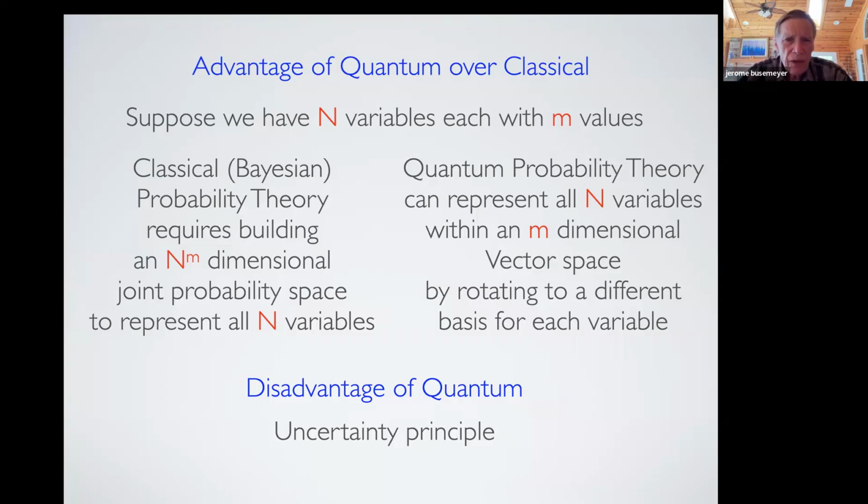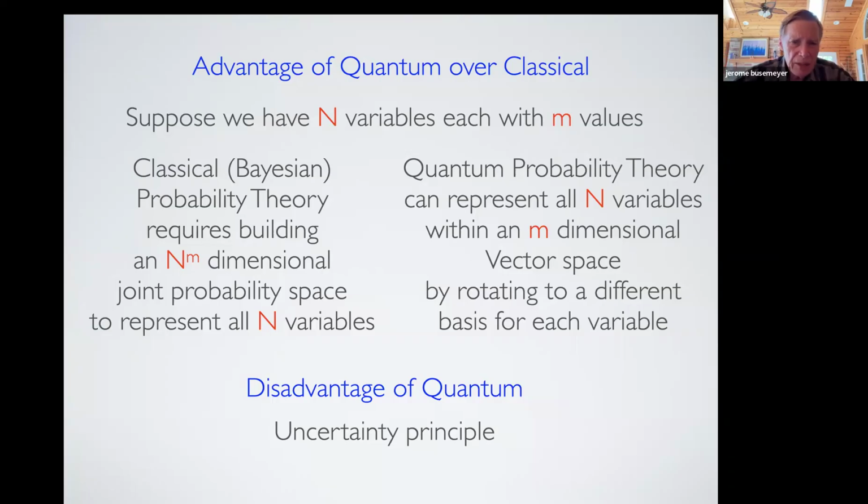But if we had, let's say, 8 players and each player had 3 choices, we'd have an 8 to the third power space. Well, a classical Bayesian probability theory requires building a joint probability space for all these m to the m combinations. So you have to have a joint probability for each player on each of the m values. And so the joint probability space grows at n to the m power, which is an exponentially increasing probability space.